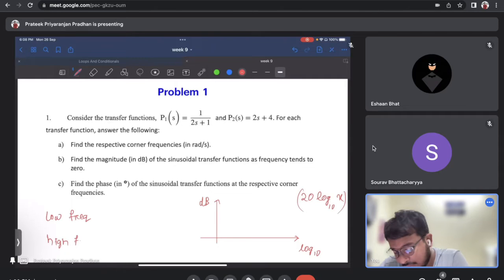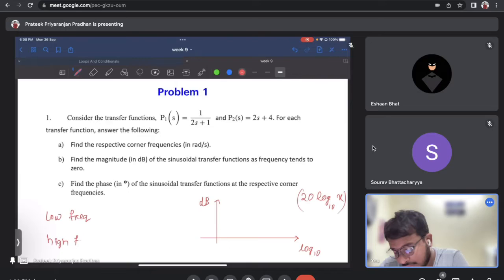This is the low frequency and this is the high frequency, with respect to this point. The scale grows in powers of 10: 1, then 10, then 100, like that. Where the low frequency and high frequency meet, that is called the corner frequency.